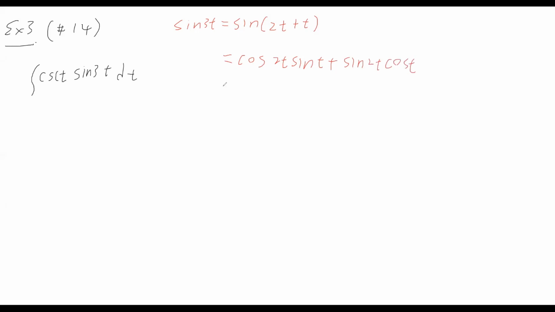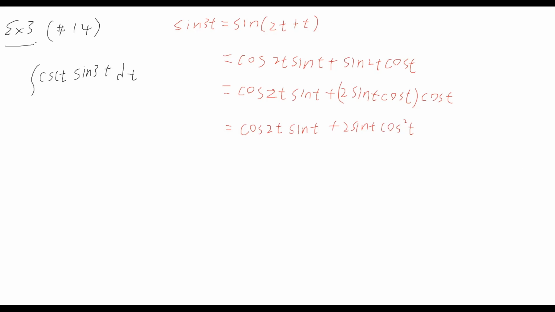Furthermore, we can split out sine 2t, so cosine 2t sine t plus 2 sine t cosine t times cosine t. Clearing this up a little bit, we have cosine 2t sine t plus 2 sine t cosine squared t.